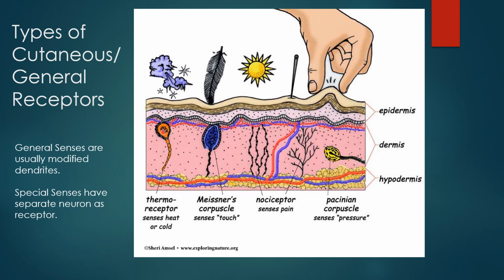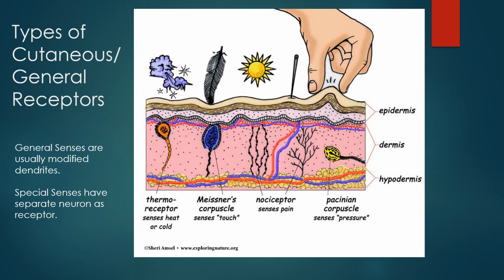They create a graded potential that then activates action potentials to send to the central nervous system, whether it's touch or pressure or the nociceptors, which I think are incredibly important because they sense pain and so forth, or thermoreceptors. That's actually a type of mechanoreceptor as well. They send information to the central nervous system, and they are modified dendrites, modified free nerve endings.